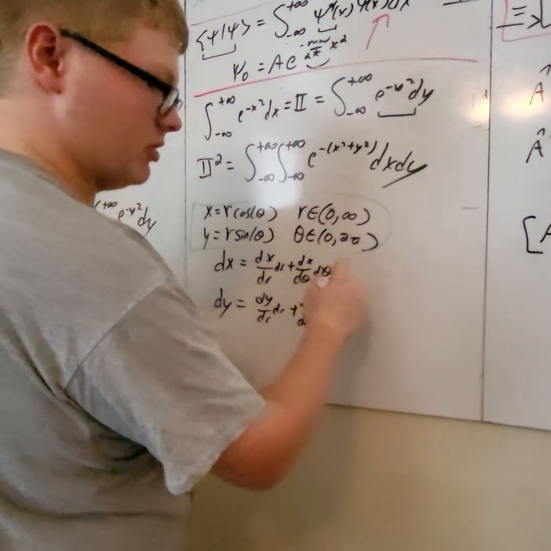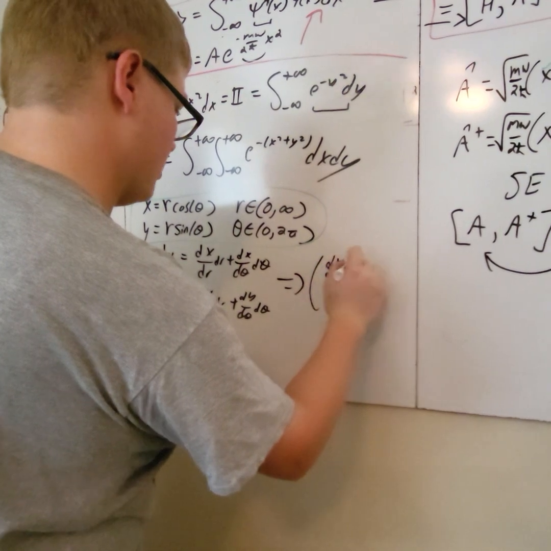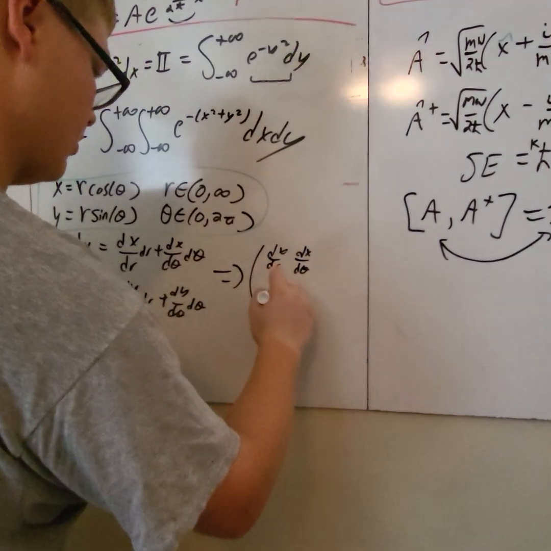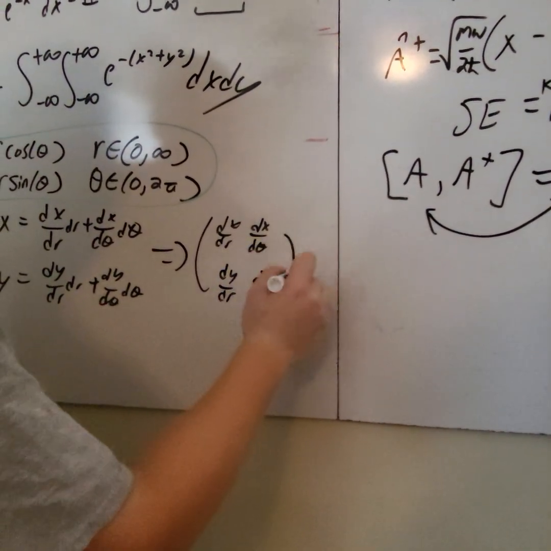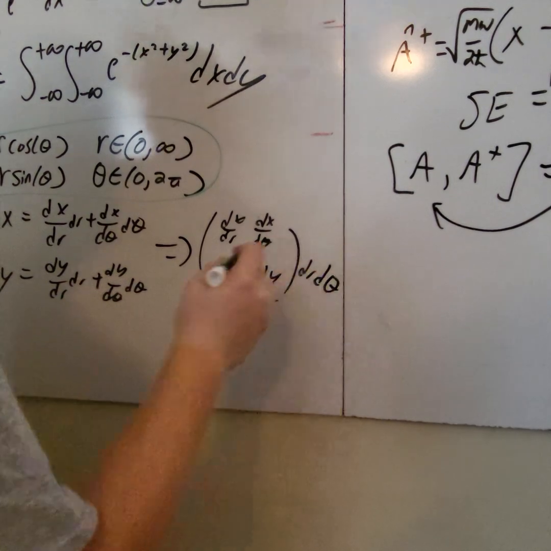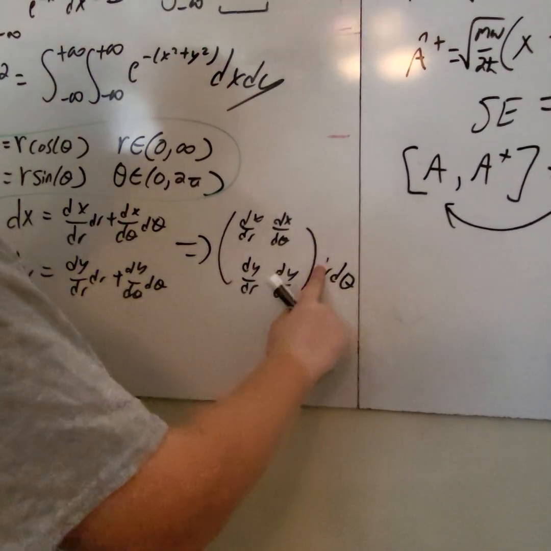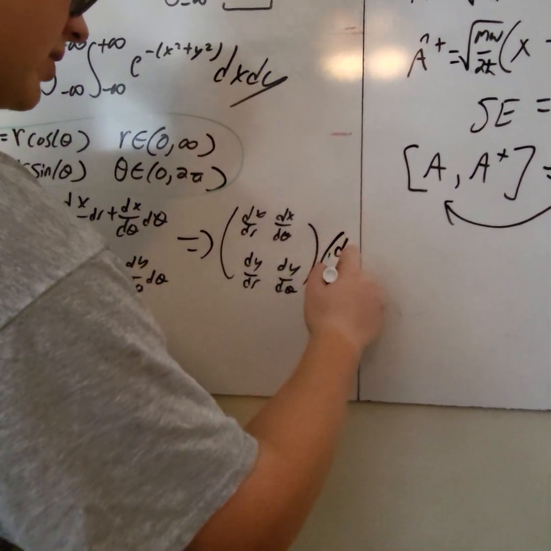Well, this is basically just a linear transformation: dx over dr, dx over d theta, dy over dr, dy over d theta, times dr d theta.